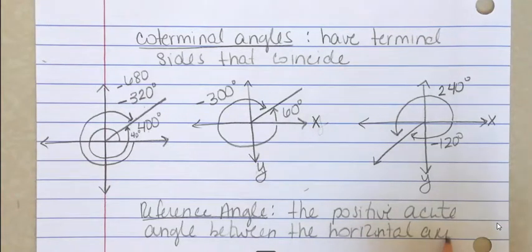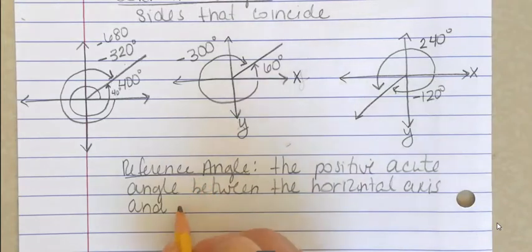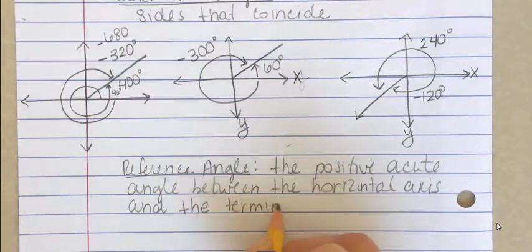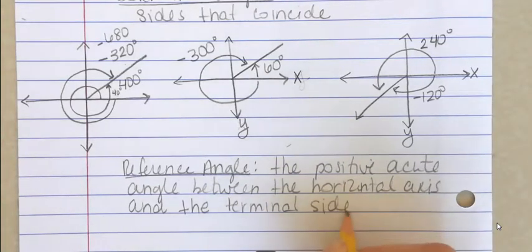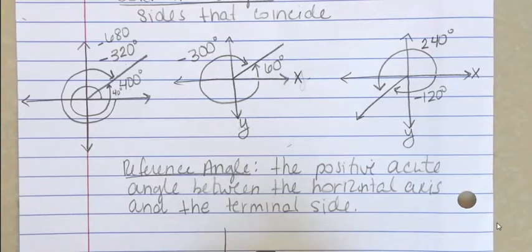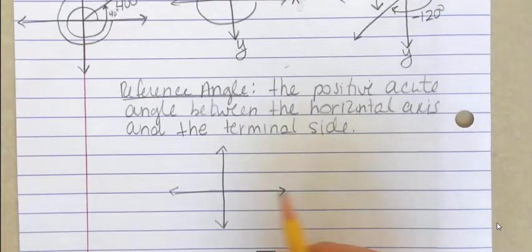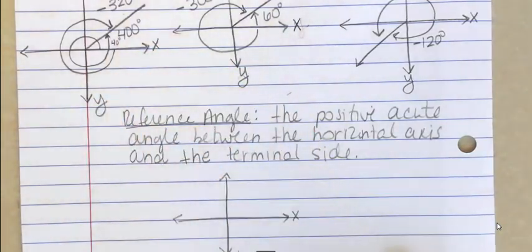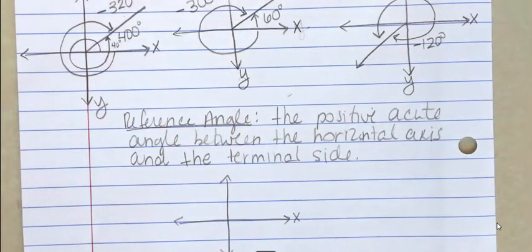Horizontal axis always being the x-axis. So, for example, let me go back and do that here too, x and y. That way it's really clear where the angle is, where the terminal side is.